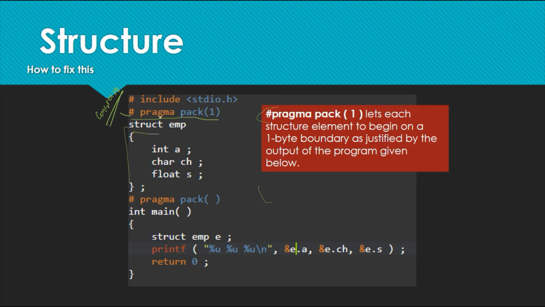In this case, you #include and then use #pragma pack 1. I'll not explain further, but basically its purpose is to avoid those 4-bit boundaries that are totally wasteful of your memory.